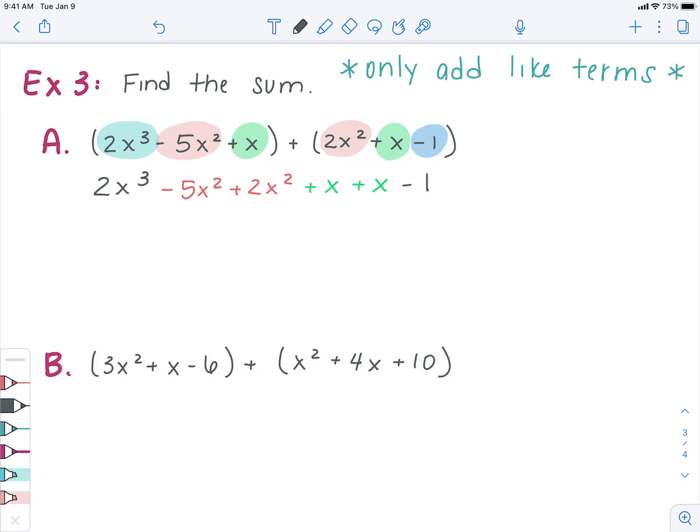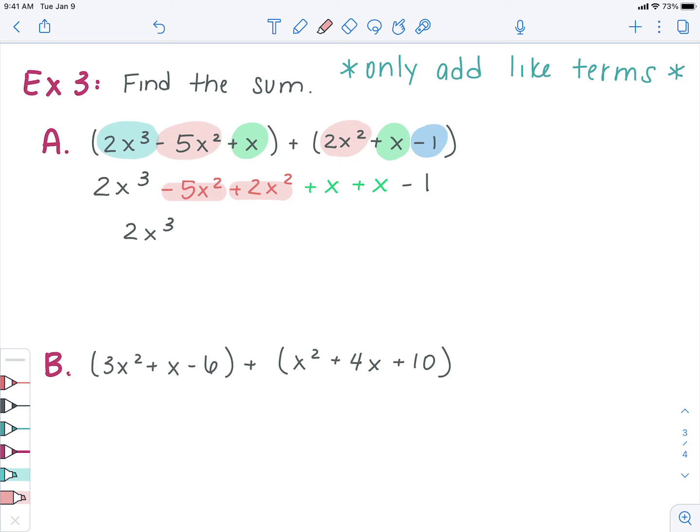So now that I've put the like terms together next to each other, I'm just going to go through and actually collect my like terms and simplify it. So I'm going to bring down the 2x cubed. Then I'm going to say to myself, okay, negative 5x squared plus 2x squared.